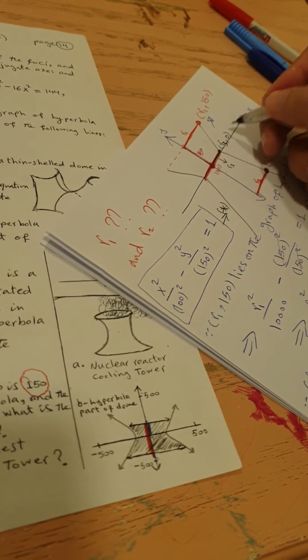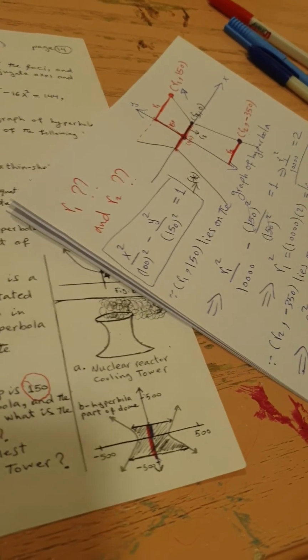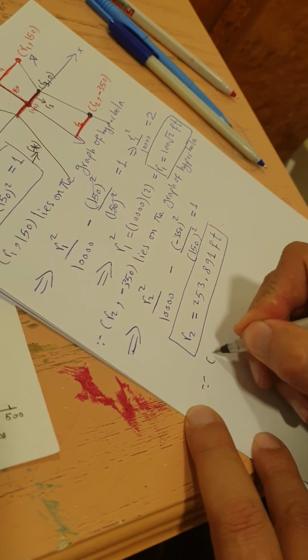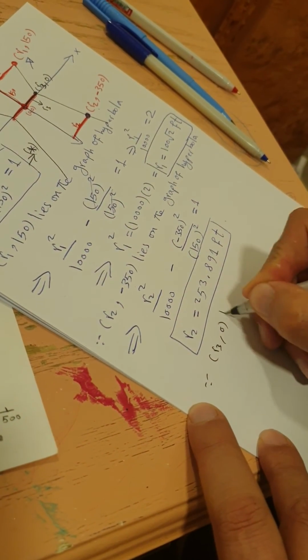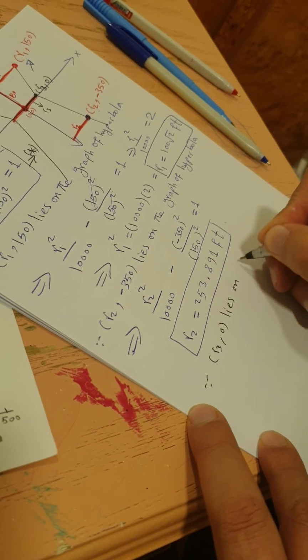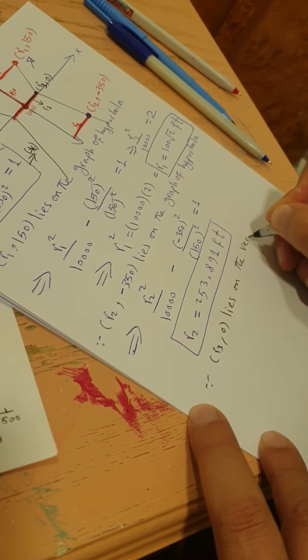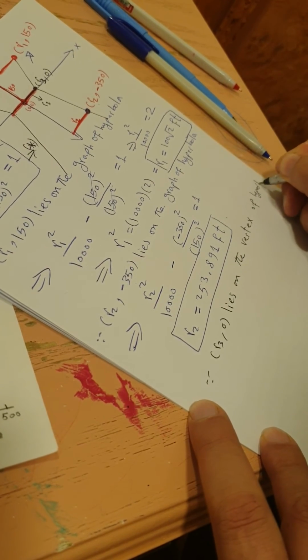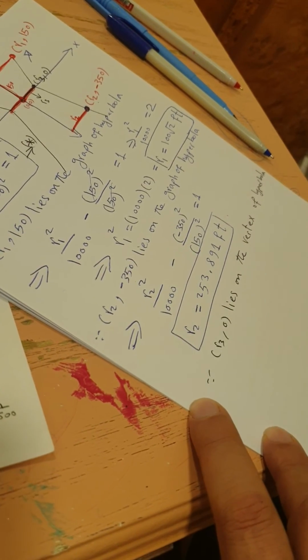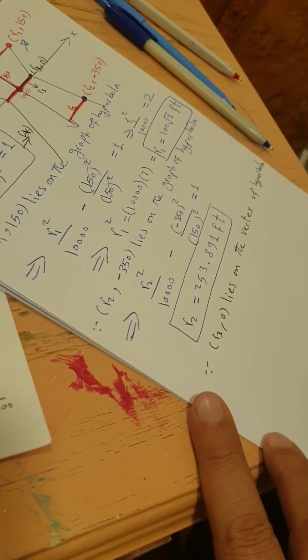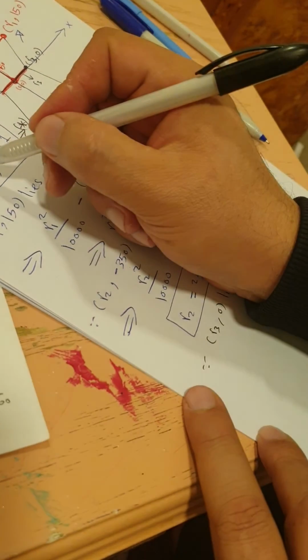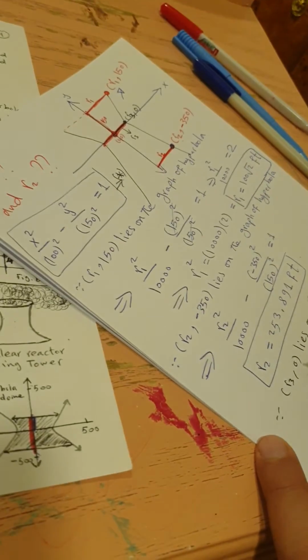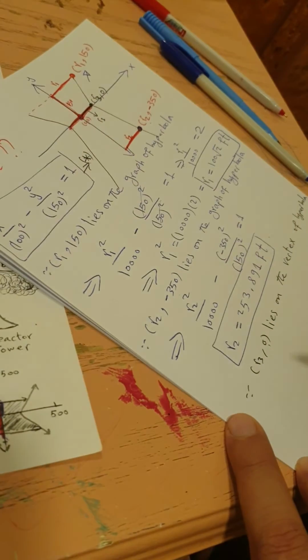Since the point R3 and 0 lies on the vertex of the hyperbola, we replace y by 0 and x by R3.